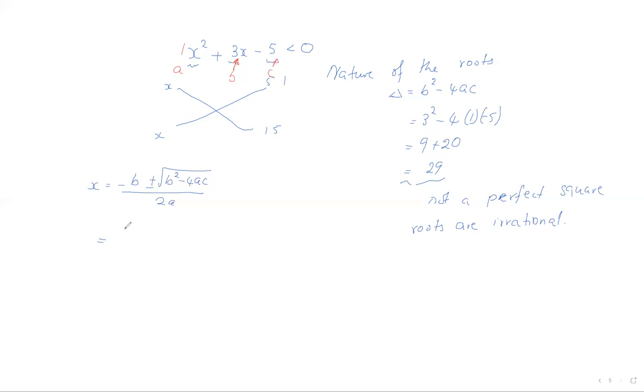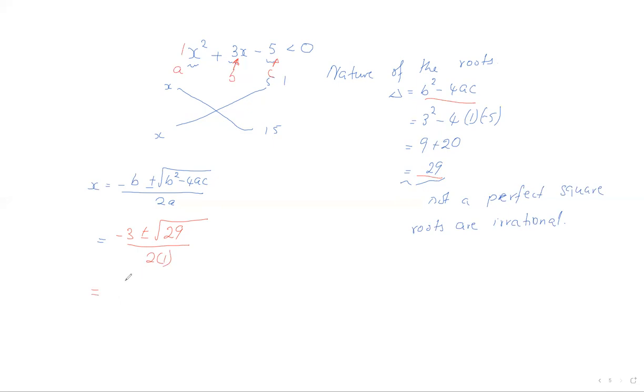Therefore, that's going to be -3 plus or minus the square root of 29 all over 2a, which is 2 multiplied by 1, which is 2.